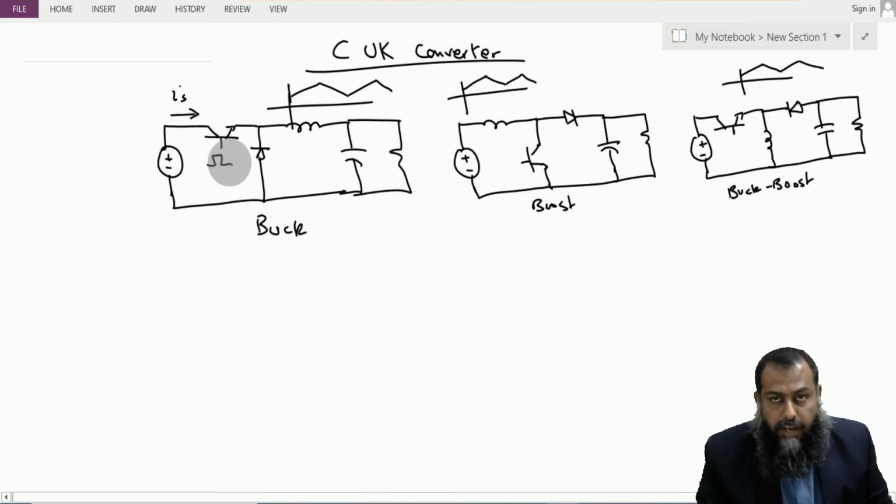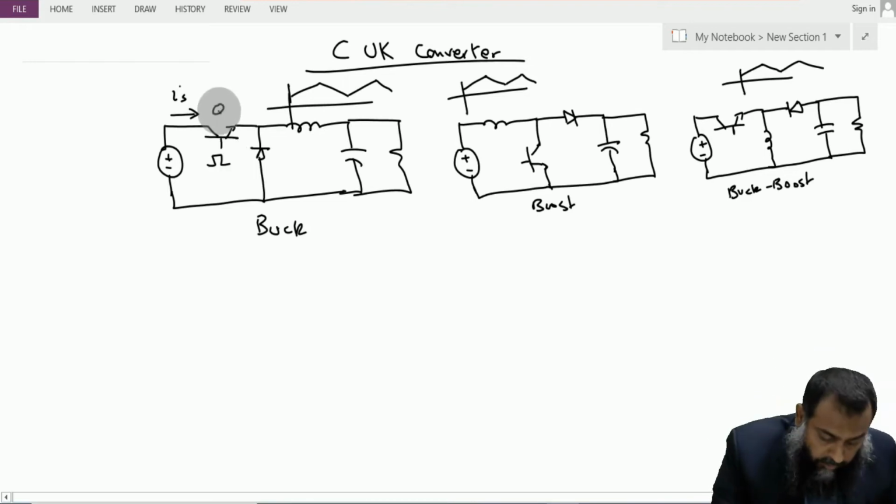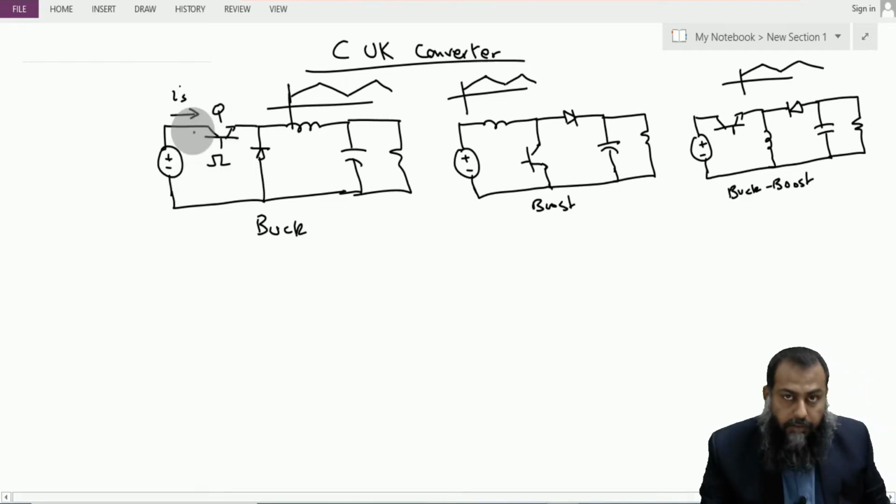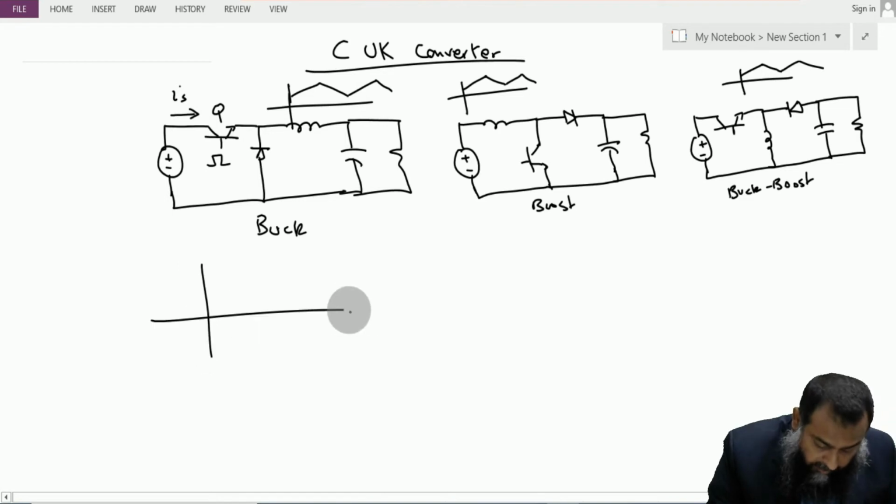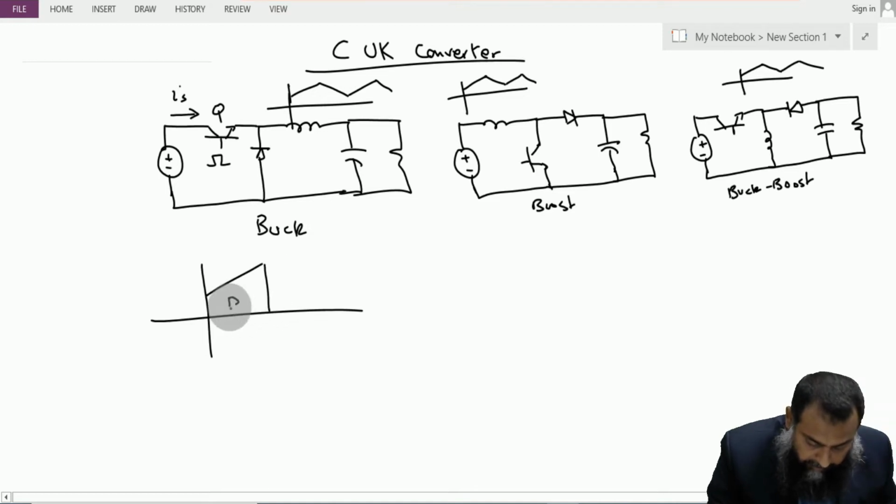That is, when we apply the gate pulse or the control signal to this particular switch Q, only then we have the input current flowing. That means that for a buck converter, in CCM and in steady state, we have this type of shape of the input current Is.